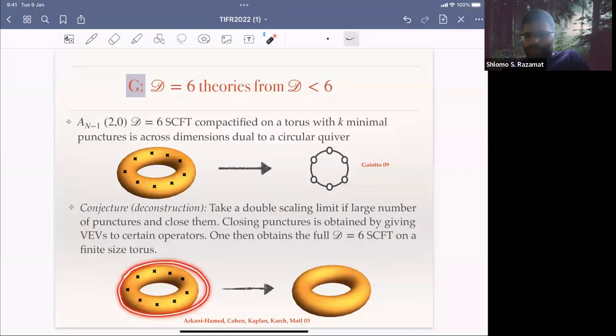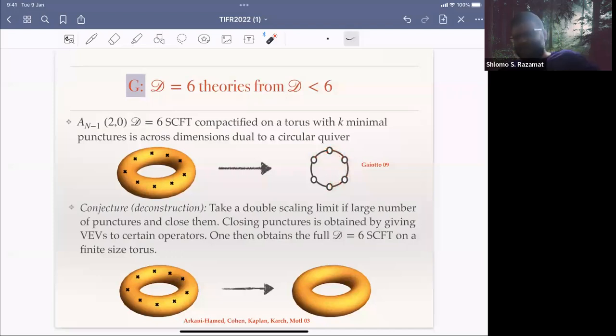Take this theory in 4 dimensions, this particular quiver theory, and do some kind of a double scaling limit. You take the limit of a lot of punctures, and you remove them. Removing the punctures field theoretically corresponds to giving vacuum expectation values to certain baryonic operators in this theory. Basically punctures correspond to some U(1) symmetries, and you give vacuum expectation values to operators which are charged under these U(1) symmetries.